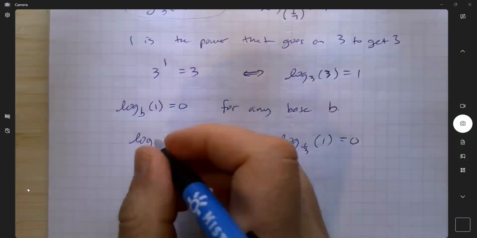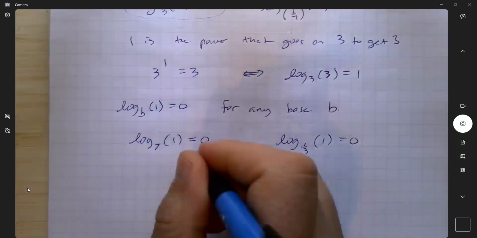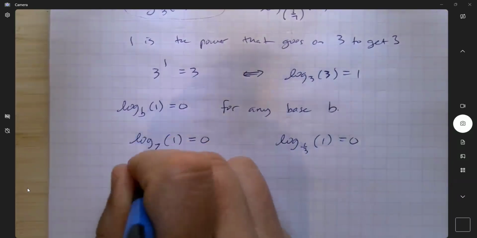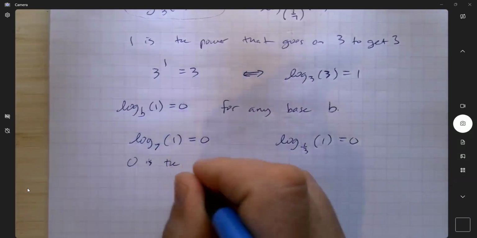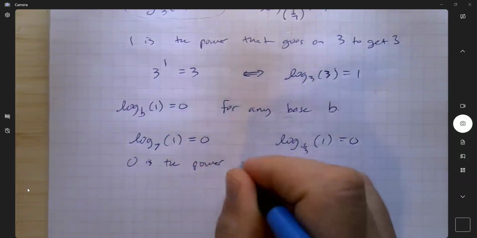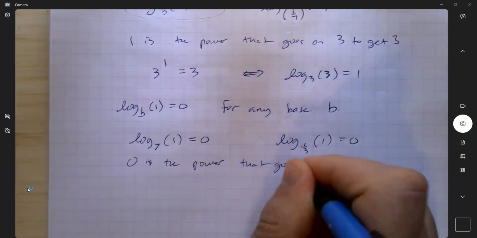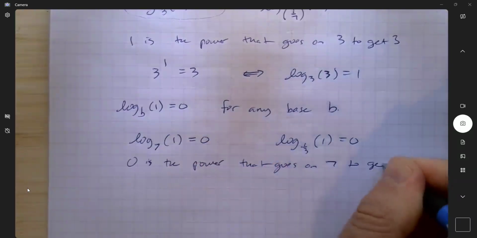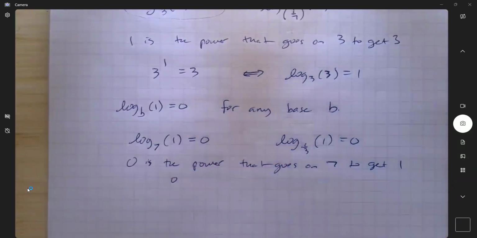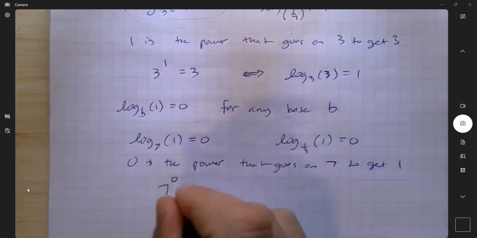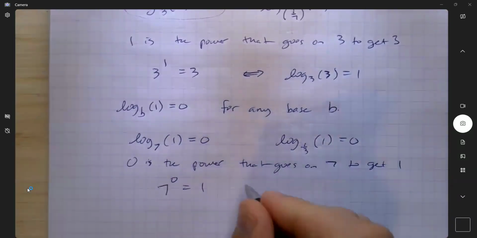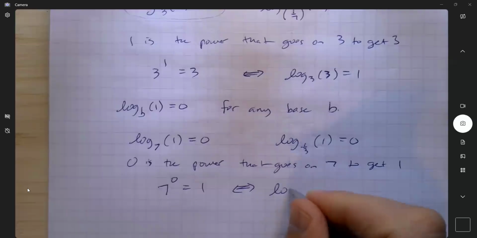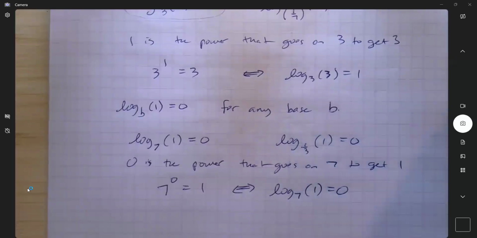And this comes from the fact that, again, a log is a power. So 0 is the power that goes on 7 to get 1, which is equivalent to saying that log base 7 of 1 is 0.